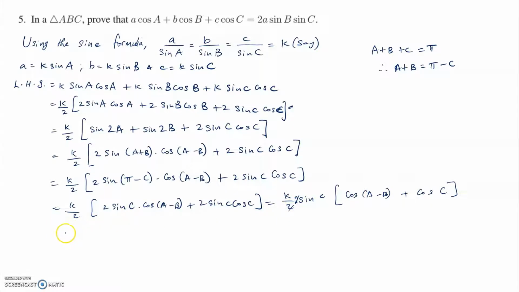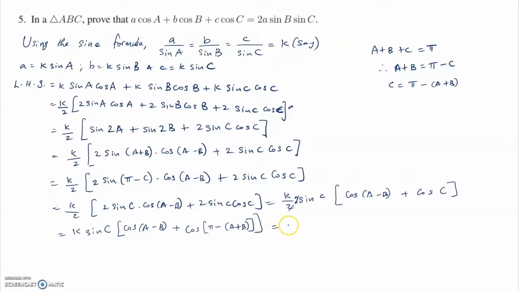So you are now left with k sin C, and within the bracket you have cos A minus B. Now C can be written as pi minus A plus B. So we write this as plus cos pi minus A plus B, and we close the bracket here.